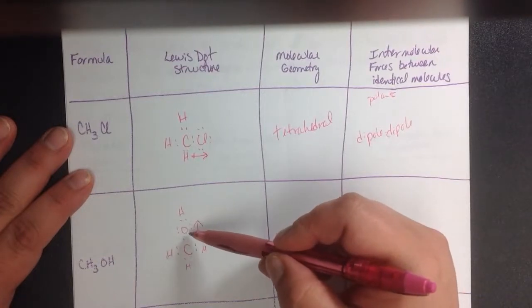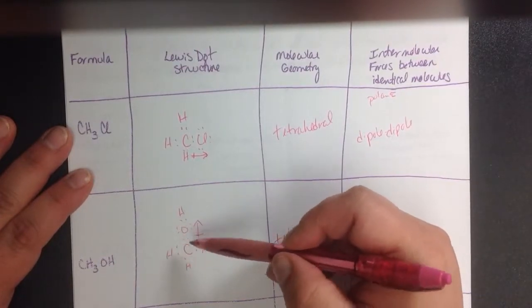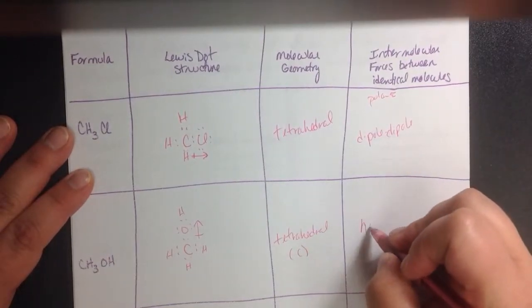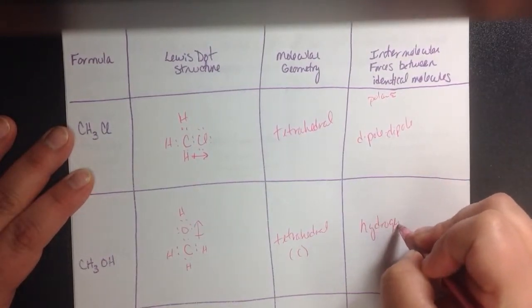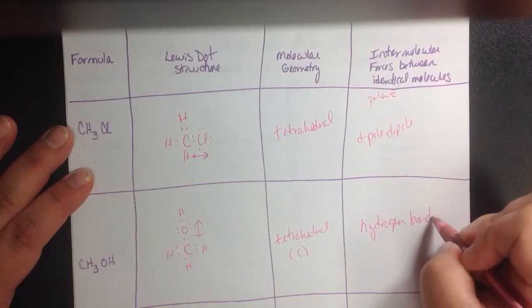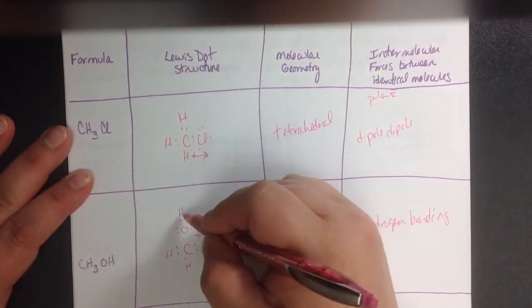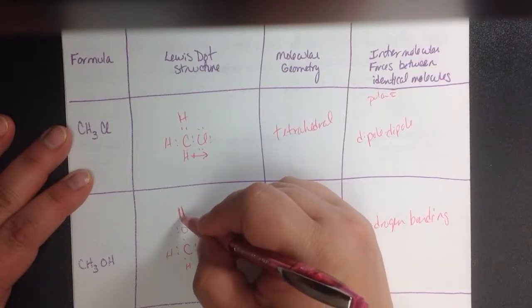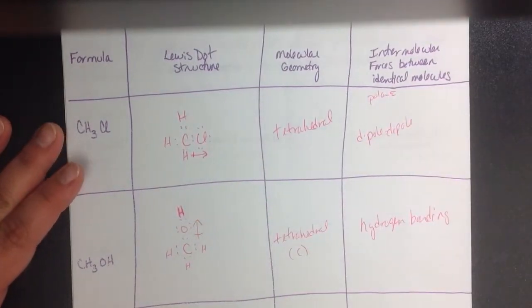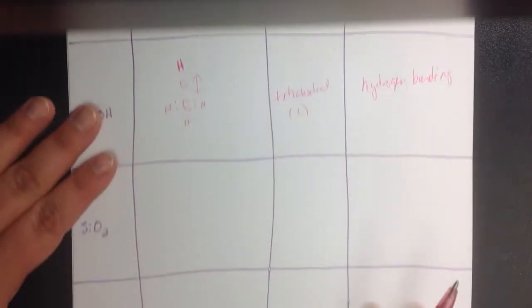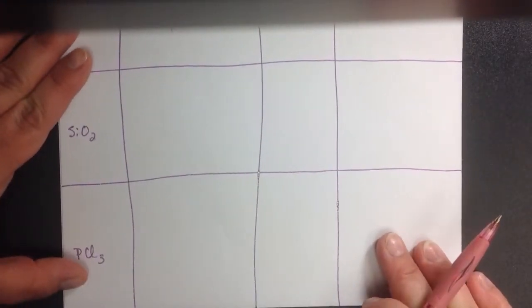And as a matter of fact, this O and H have a hydrogen bond, so that would be hydrogen bonding. Remember, whenever you have a hydrogen bond, that's because hydrogen is directly bonded to oxygen, nitrogen, or fluorine. Okay, the last two down here.